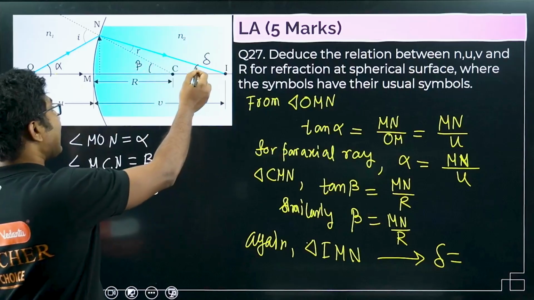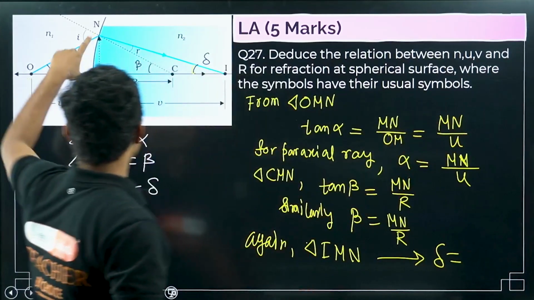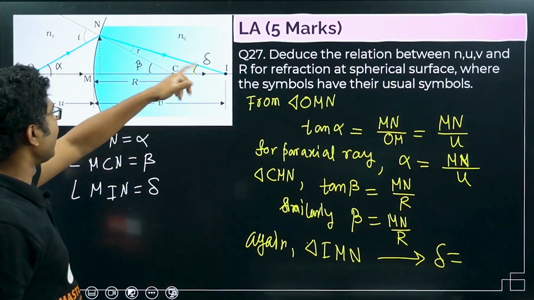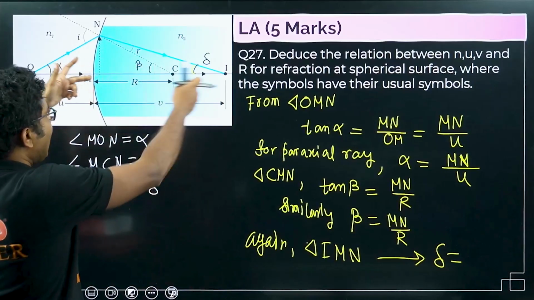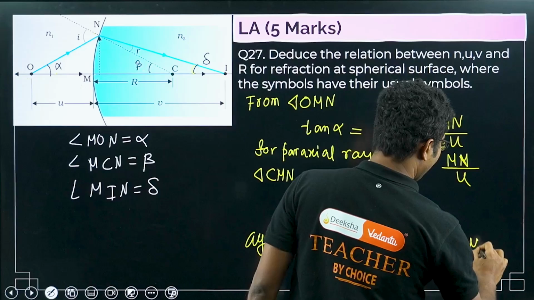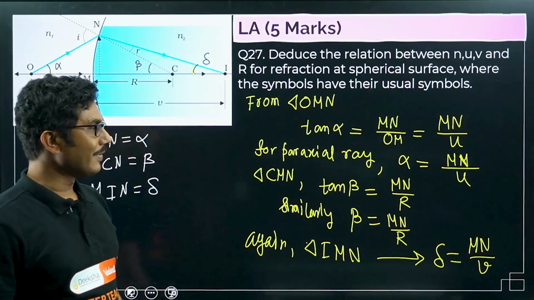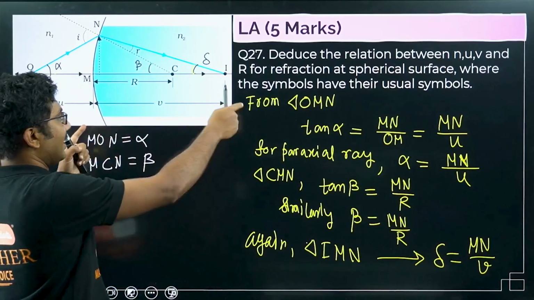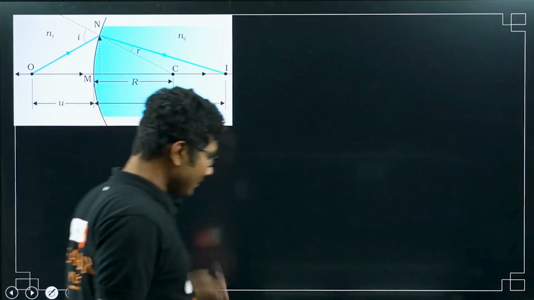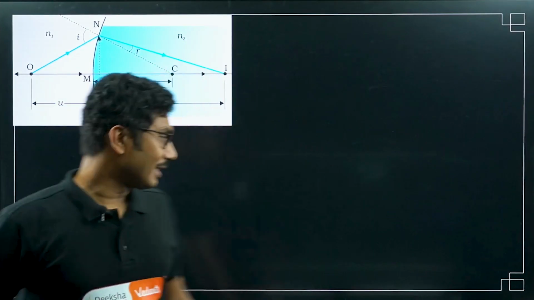Delta is basically equal to, if you see, everything starts with MN by this, for this MN by this, so for delta it will be MN divided by this entire thing, that means v. So MN is common to everyone, and it will be divided by v in this case, right?